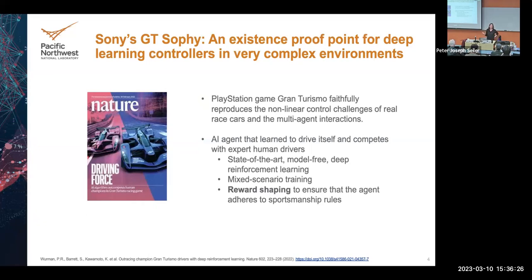And they were able to train a controller that would compete with human drivers and be successful. And they did this by using reinforcement learning. So this is only showing that such controllers can be synthesized, even though the environments are very complex. So we're not looking at very simple systems.